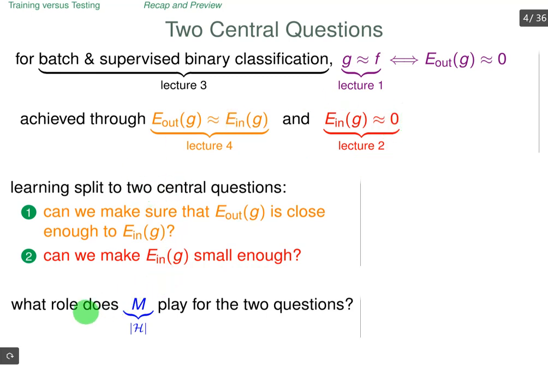Now let's delve into the role of the number of hypotheses, which is m. What role does m play in these two questions? If you remember, m is the number of hypotheses in our big H set.